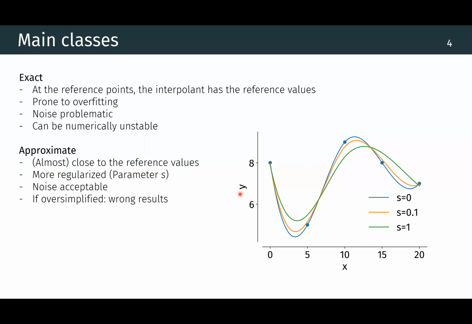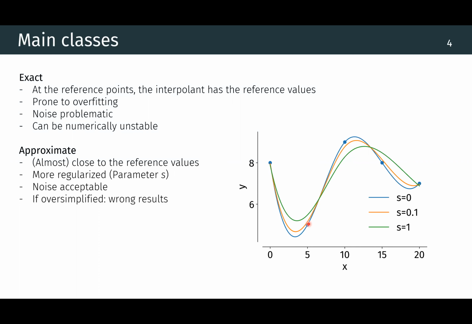Now, the problem is that this is often prone to overfitting. Imagine each of these points would be subject to some noise. This would mean that these points would move slightly upward or downward, and this is going to disturb the interpolation. I'm going to show you some example of how severe this can be on the next slide.